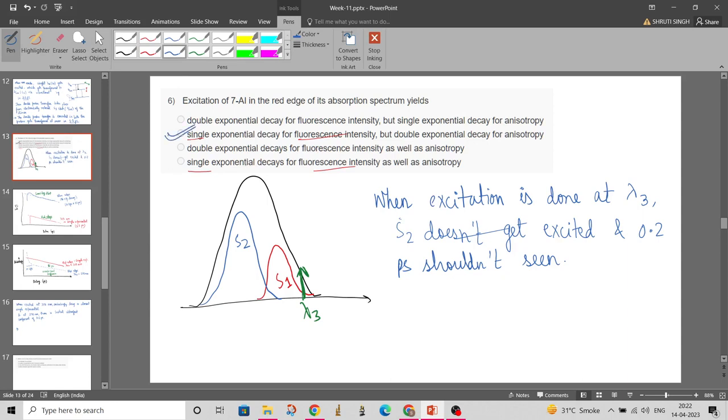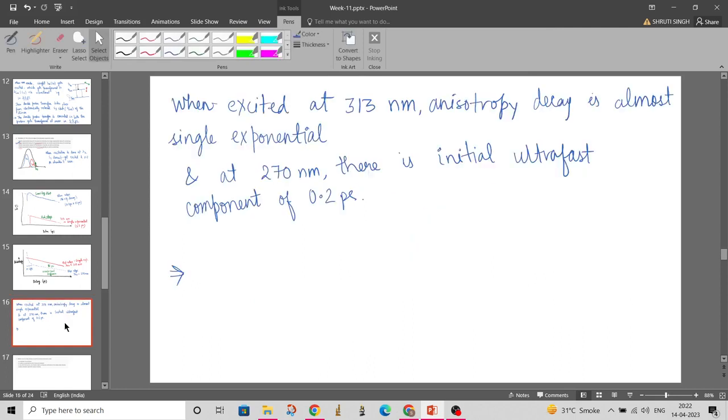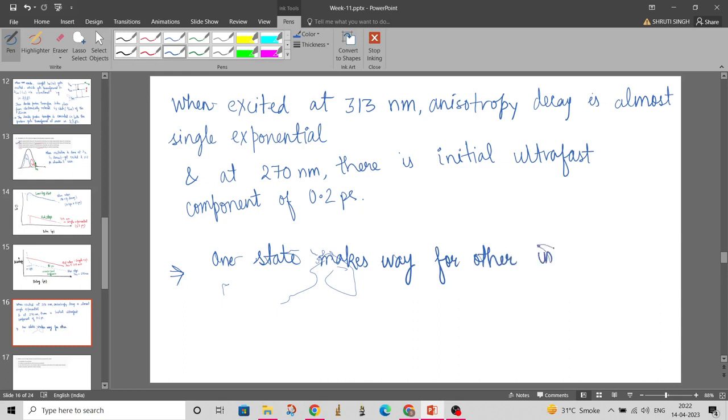The answer is B. Now from these experiments they concluded that one state makes way for the other in 0.2 picosecond.